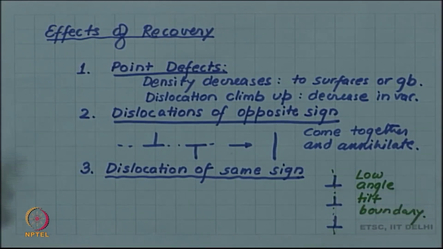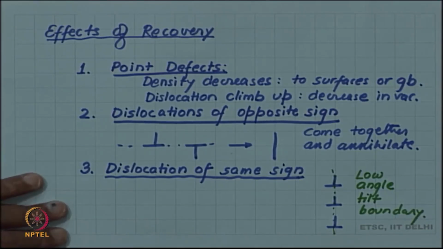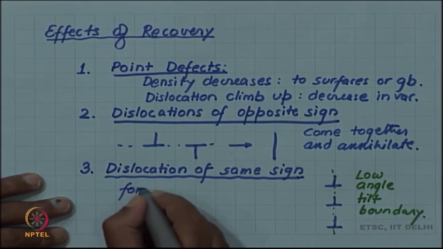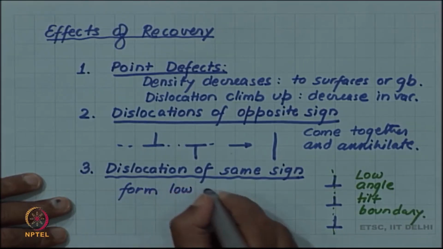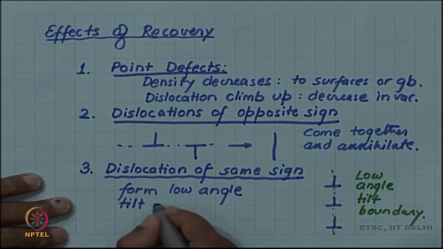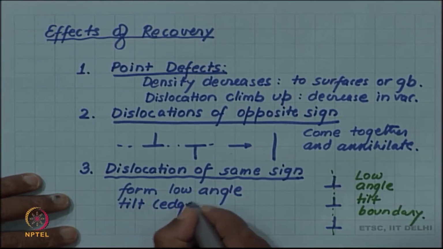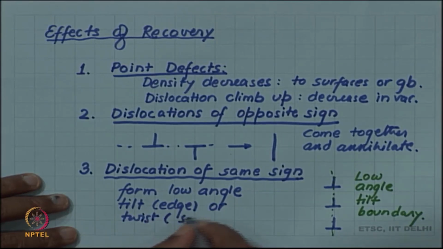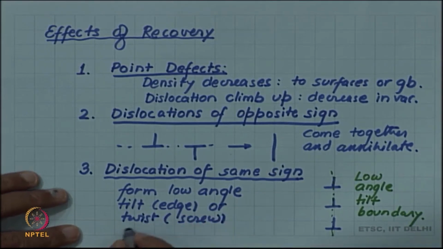A similar process, which we have not discussed in this course, happens with screw dislocations. So, if screw dislocations come together, they form a grid of dislocations which gives us a low angle twist boundary. So, dislocations of the same sign form low angle tilt boundaries for edge dislocation or twist boundaries for screw dislocation.